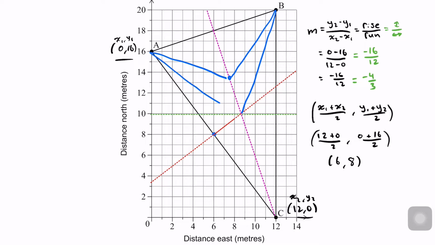Similarly right here, when we're talking about C and B, any point on the line here is going to be an equal distance between B and C. This is also going to be an equal distance from B and C.